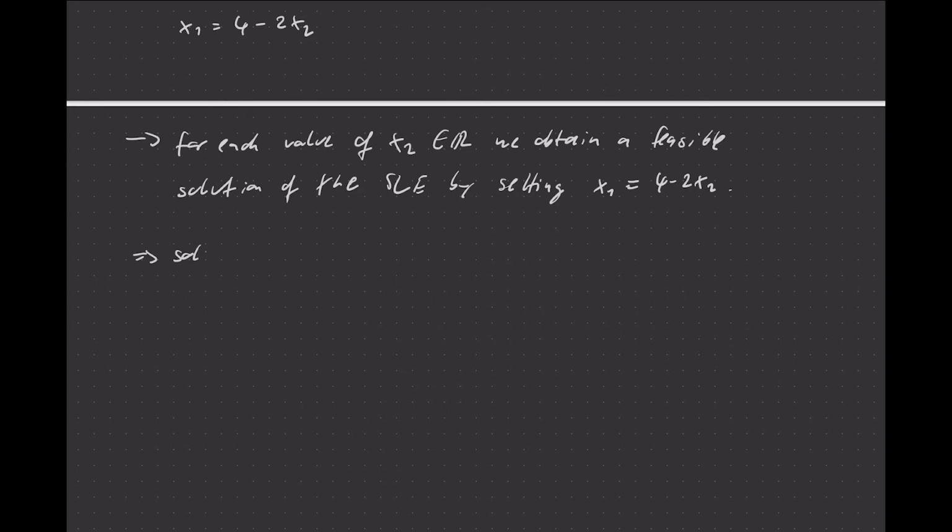And what does that mean for our solution space? Well, that means our solution space is determined in the following way. We choose x2 arbitrarily, and we choose x1 to be 4 minus 2x2. And we can do that for every x2 in the real numbers. Okay, so we have an infinite number of solutions, and this is the structure of that solution space.